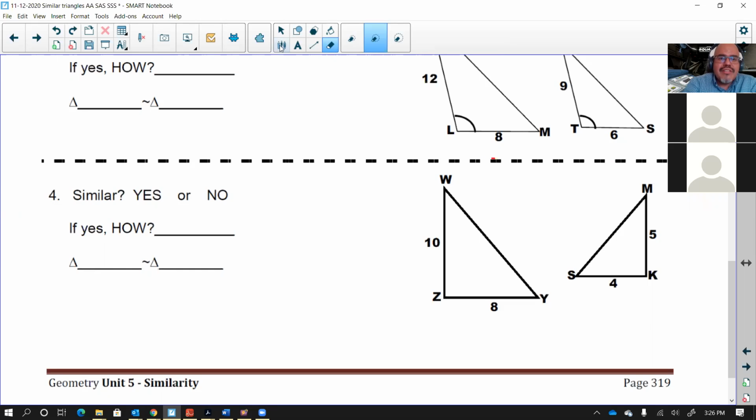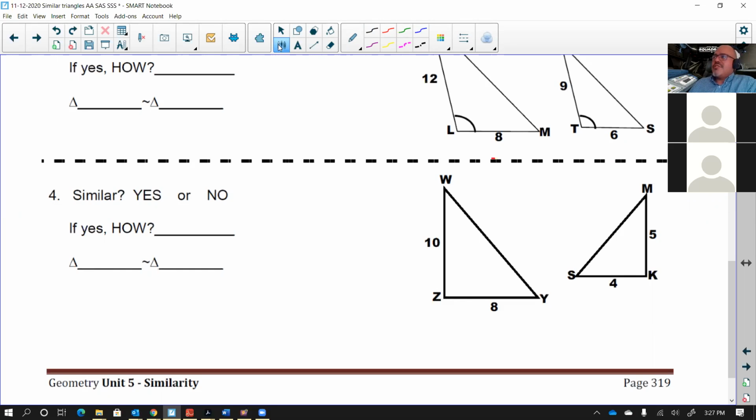But having a right angle means making sure for sure that these are right angles. Unless they tell you that this is a right angle and this is a right angle, you can't take that for granted. Unless they tell you straight out that angle Z and angle K are right angles, we can't assume anything about them. We're going to go by what is in the picture.